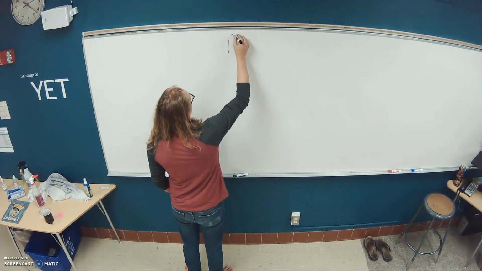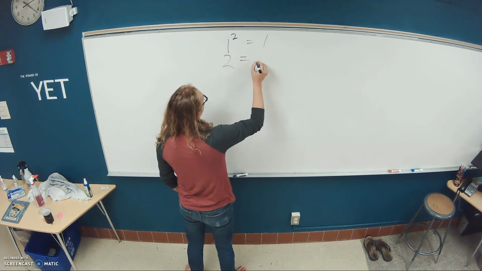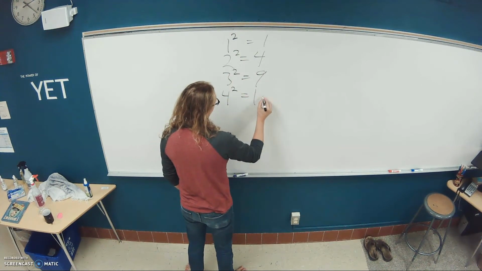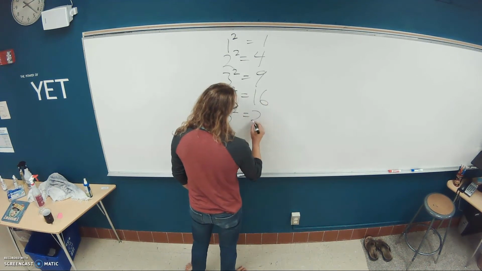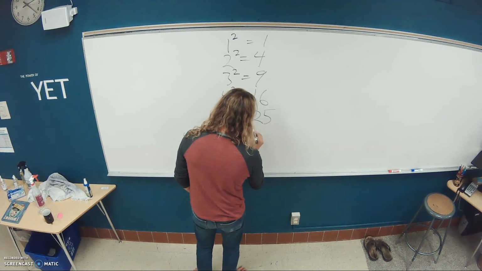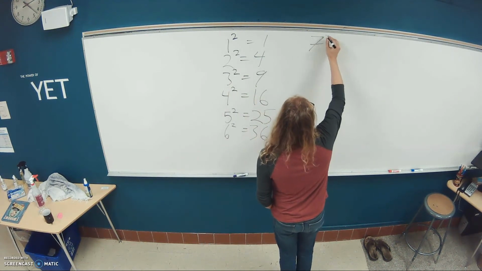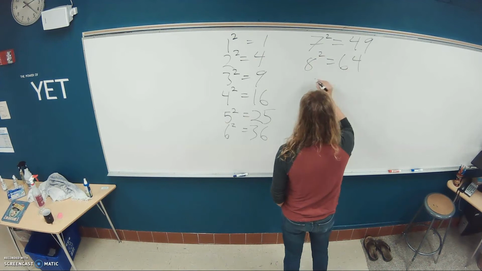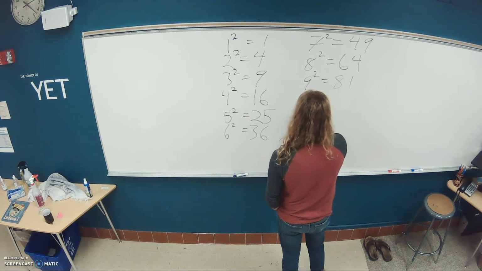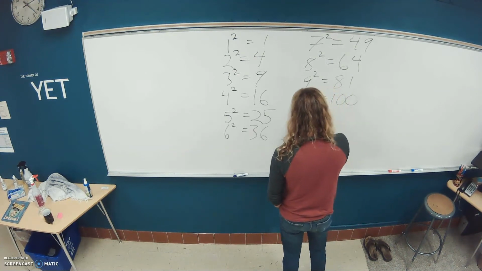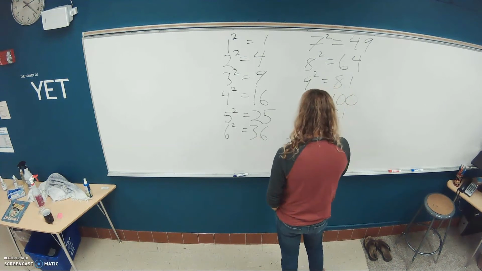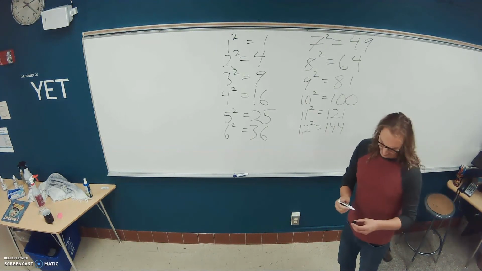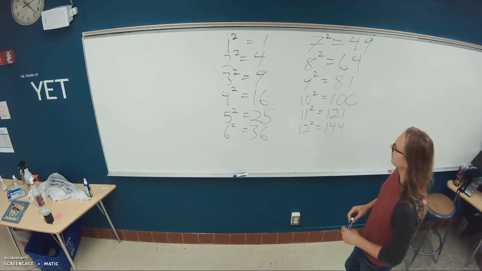So I'm just going to make a list of some of the ones that I'm going to use the most often. 2 squared, 3 squared is 9, 4 squared is 16, 5 squared is 25, 6 squared is 36, 7 squared is 49, 8 squared is 64, 9 squared is 81, 10 squared is 100, 11 squared is 121, 12 squared is 144, I think 13 squared is 169, but at that point I'm starting to run out of ones that I've got memorized and just know off the top of my head.